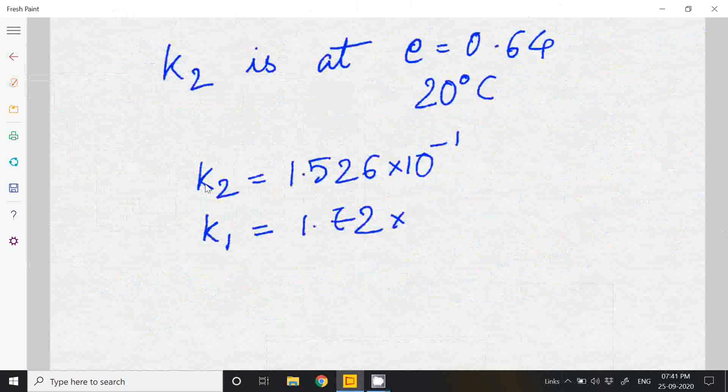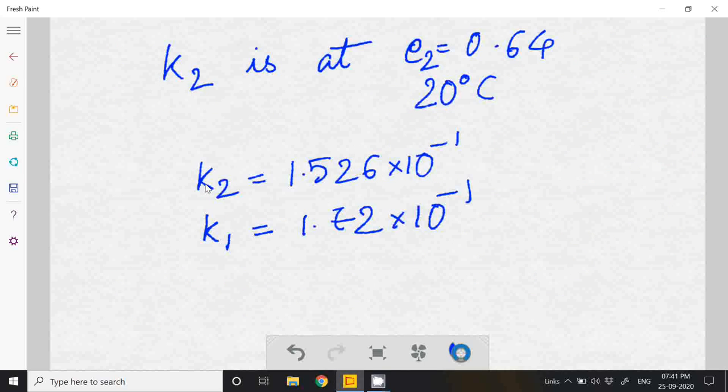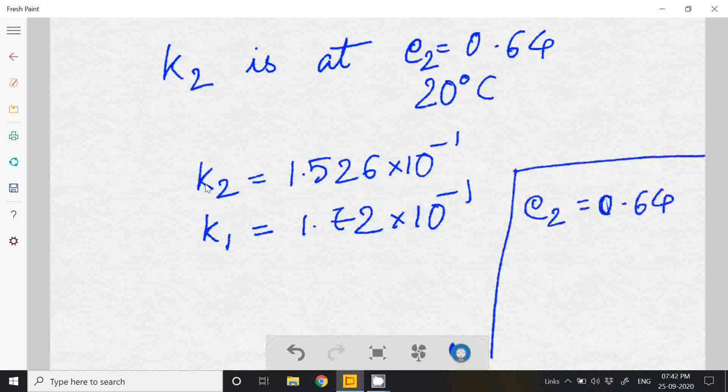Now this one is e2, isn't it? Because this was for K2. So e2 is 0.64, because we have got it from porosity at 20 degrees centigrade, and 20 degrees was the final condition. So the void ratio we have got is for the final condition. Now how can we get e1?